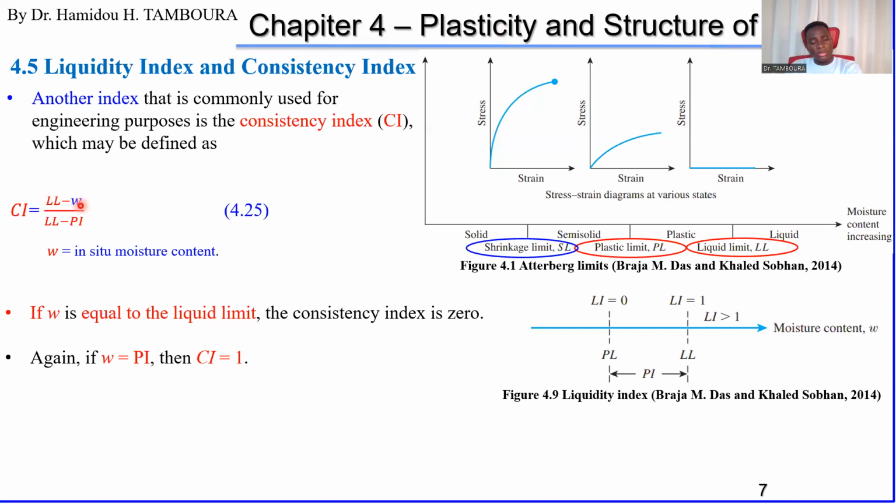Then we will have liquid limit minus plastic limit over liquid limit minus plastic limit. In that case, this parameter, the consistency index, will be 1.